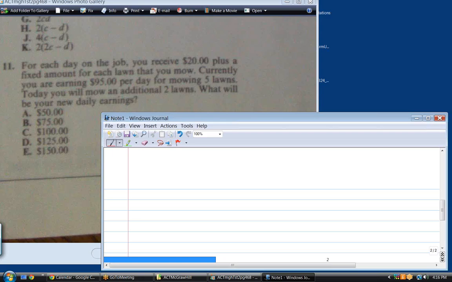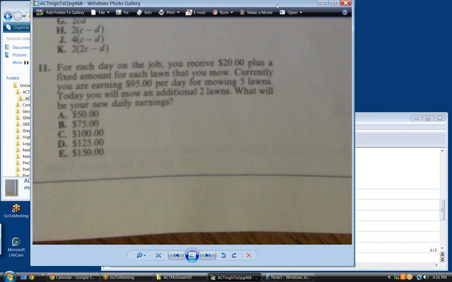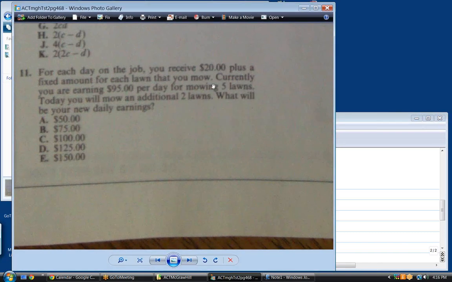It would be also 75 divided by 5. So 15. I got 125. Correct. In other words, you did it correctly.